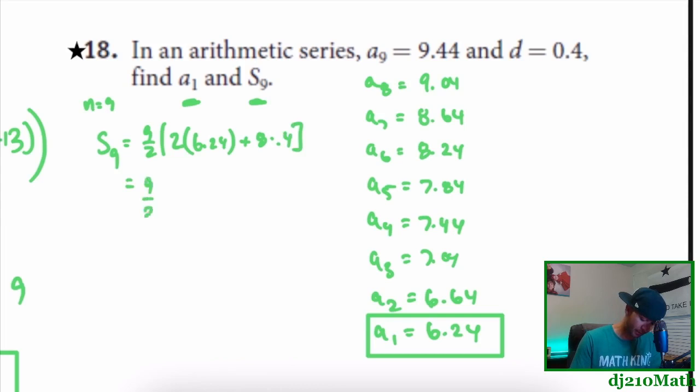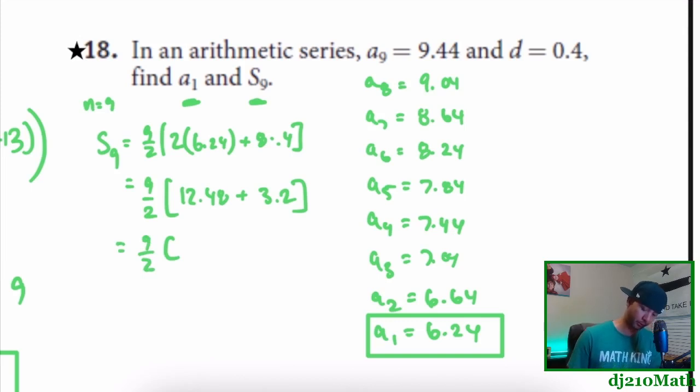So 9/2, 12.48 plus 0.32, right? No, 3.2. All right, this is going to be again 9 halves. 12.48 plus 3.2, so 15.68. It's not bad.